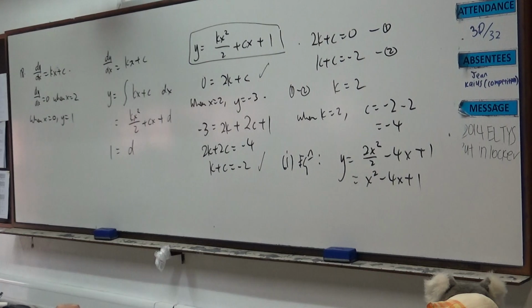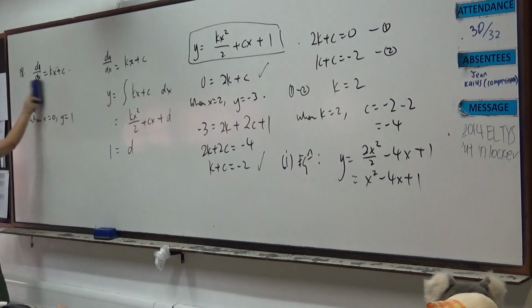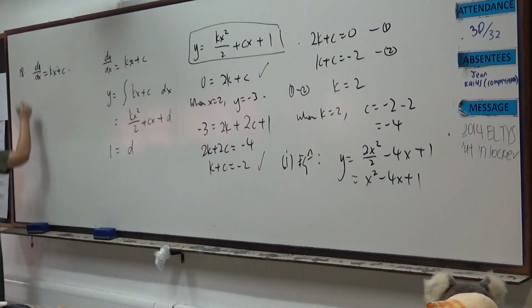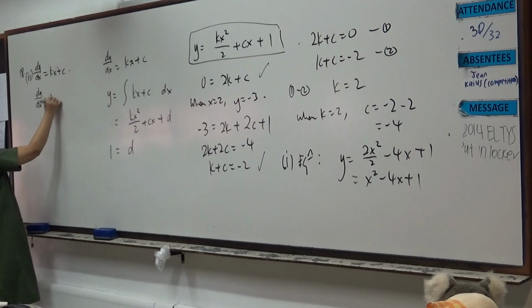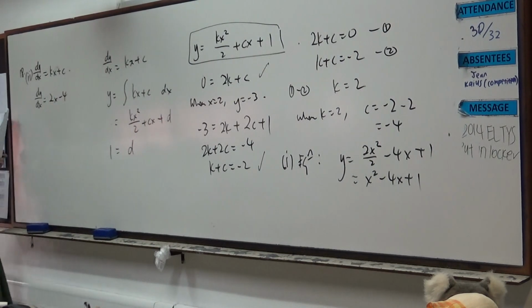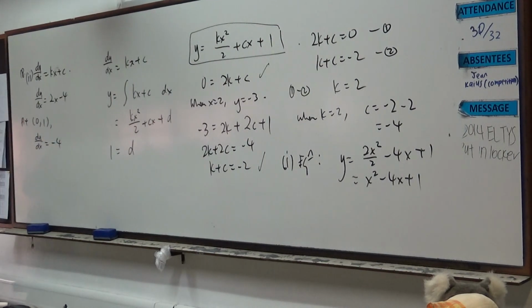What's the second part? Find the equation of the tangent to the curve at (0, 1). Now, this is part 2. That means dy/dx will be, k is 2, so it's 2x minus 4, right? At (0, 1), dy/dx will be -4, correct?